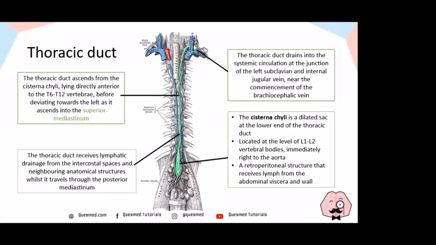If you get a pathological lymph node here, typically this will be lymphatic spread from an abdominal malignancy, and classically it will be from a gastric malignancy. So you can get gastric malignancy, lymphatic spread, and then a pathological lymph node here, and that's called a Virchow's node. It's quite rare, but it's something they love to ask you about in questions.